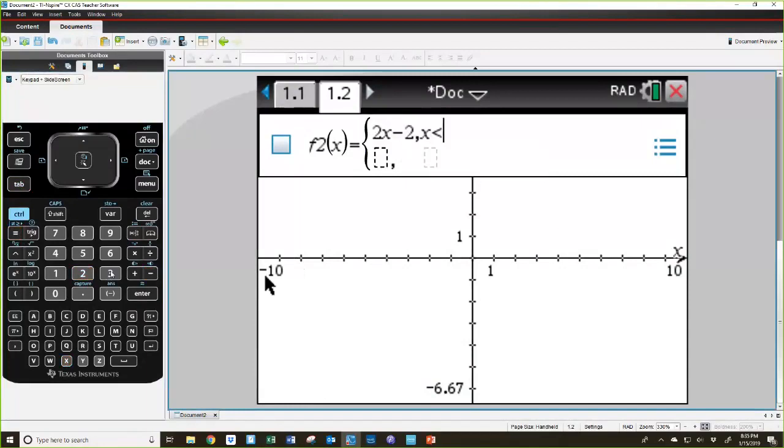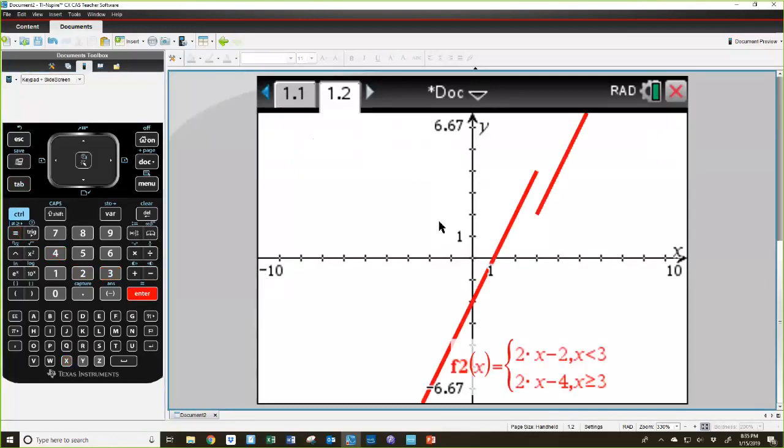And then again, I'm going to press the tab button, and I'll do 2x minus 4, and I'll tab again, and this time x is greater than or equal to 3. So control equals, greater than or equal to 3, and we should see that jump discontinuity. The calculator does not provide open and closed dots, but that's okay. The student should be able to understand that from the inequalities.